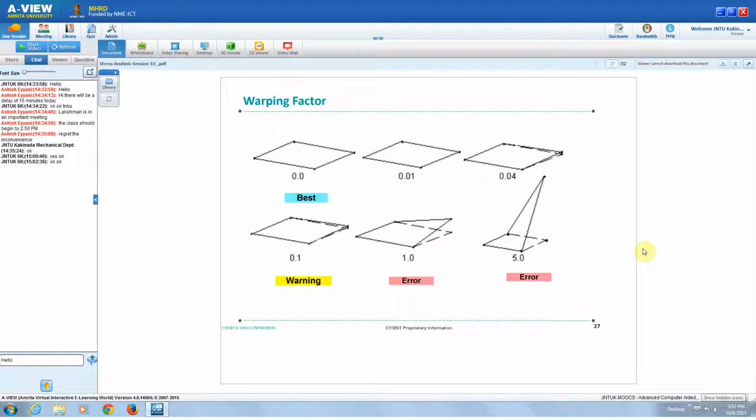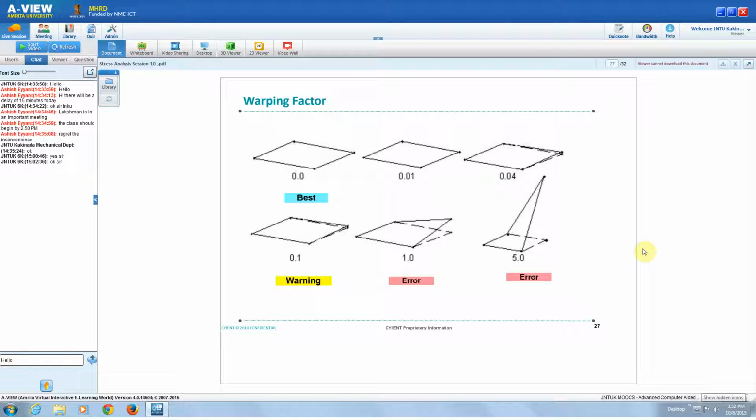So this is the best, there is a little deviation here and the deviation is getting increased. That means 0 is in plane, and slowly here if you see, the node is moved a little bit up. And 0.1 is where it is clearly visible from here onwards.